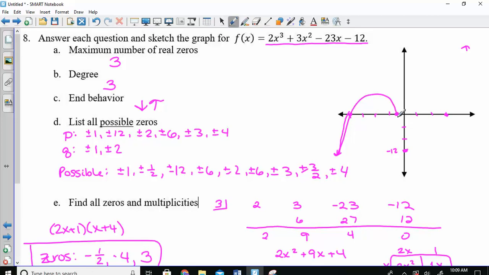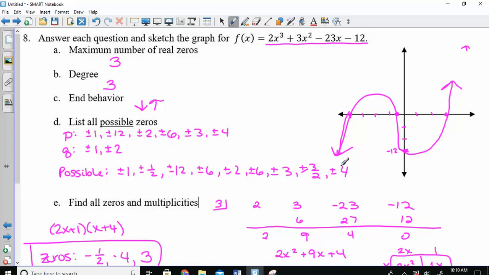So that means it starts, hits this, goes through, comes back and hits here. Gotta hit our y-intercept. Come back and hit this one and keep going. Does that appear to match the graph we had on our calculator? Yeah. Okay. So we'll have one like that where we have to use the P's and Q's to factor it on the quiz.